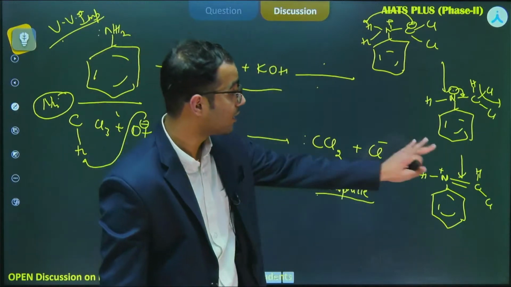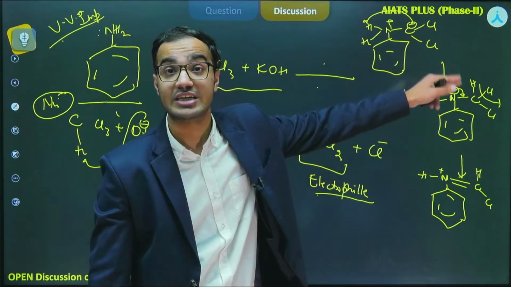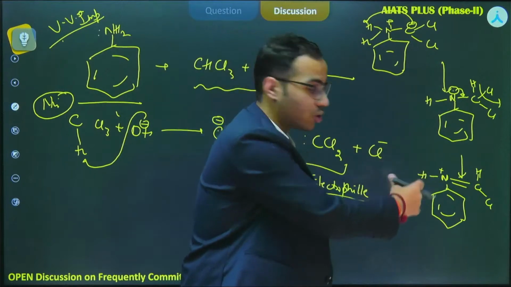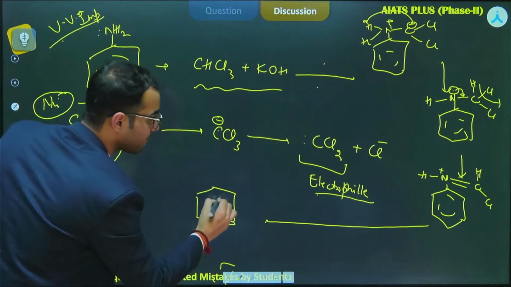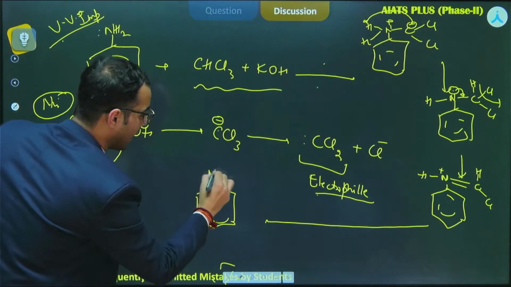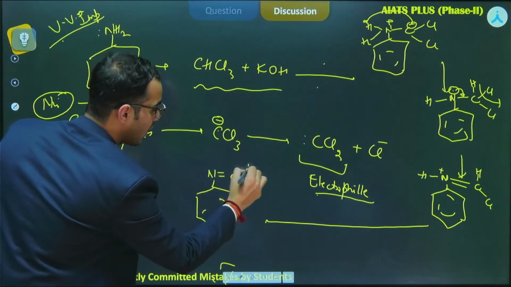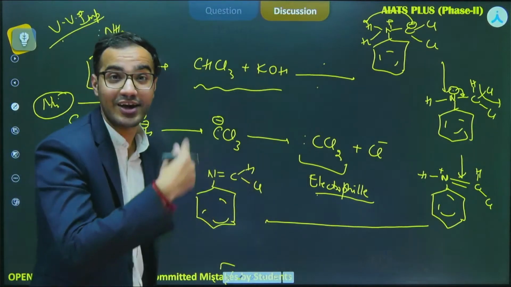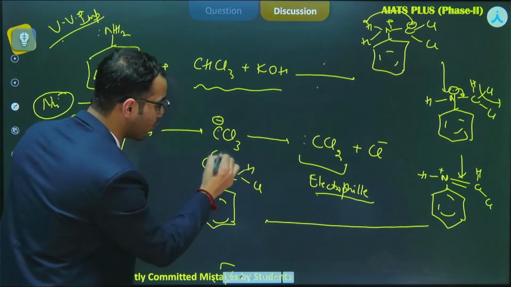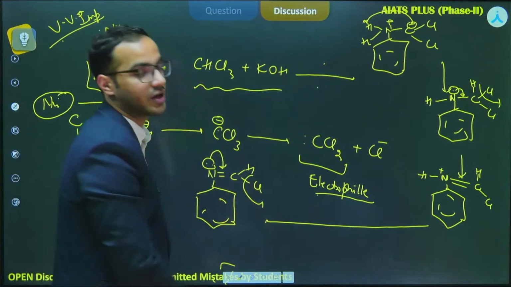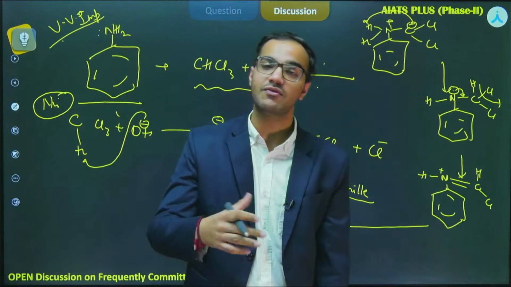You will get a double bond, and the Cl negative that is released will abstract this proton, giving you N double bond C, H, Cl. And now again the lone pair of the nitrogen will move to this position, leaving the Cl negative again.